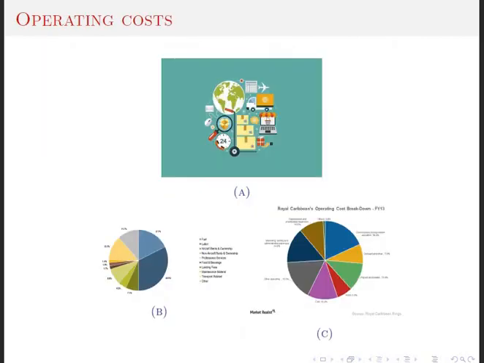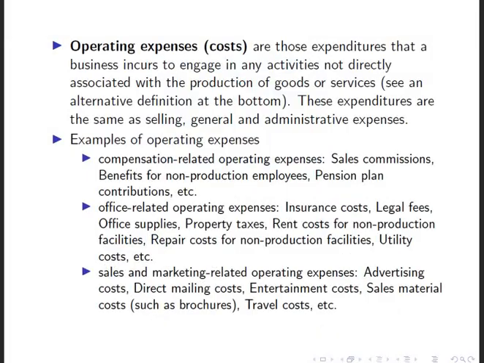Operational costs are the routine cost of running a business. While these vary based upon type of business, many basic types of operational cost exist that a business must consider when budgeting. In the figure, B and C show pie charts of operational cost of two different companies.